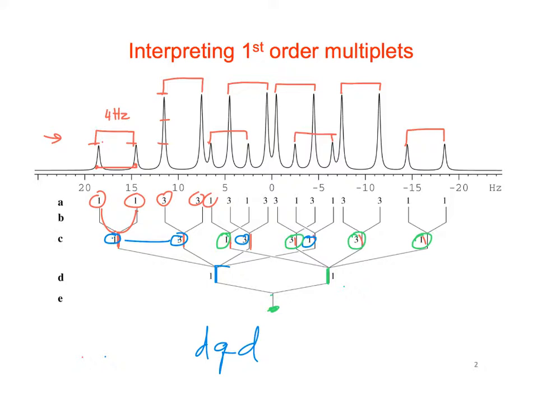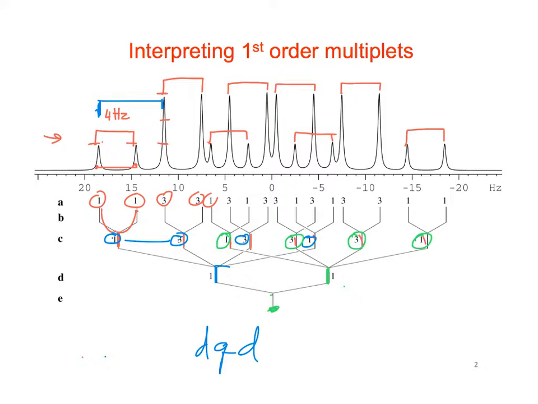Okay, the next splitting would be from one side of this to the next peak. So this is the quartet splitting, because this is the 1 to 3 ratio.